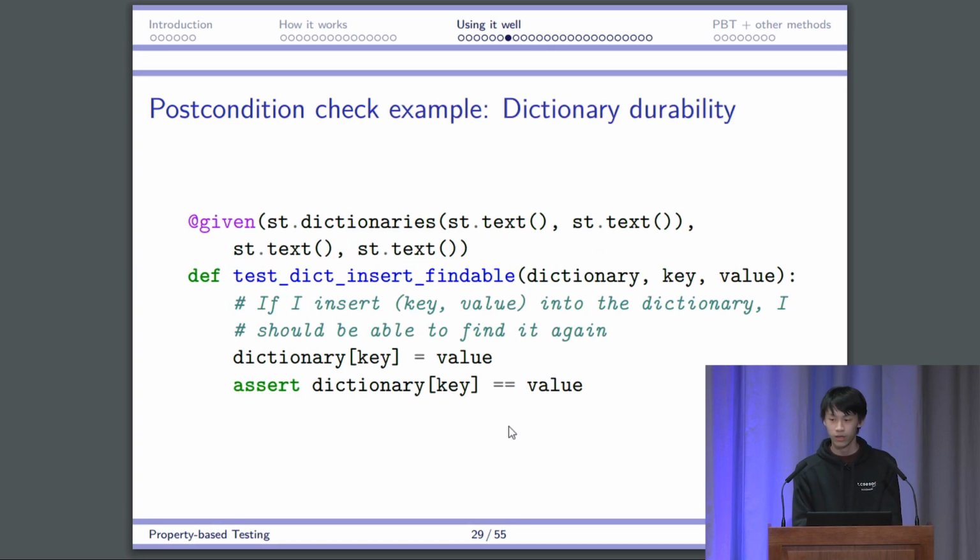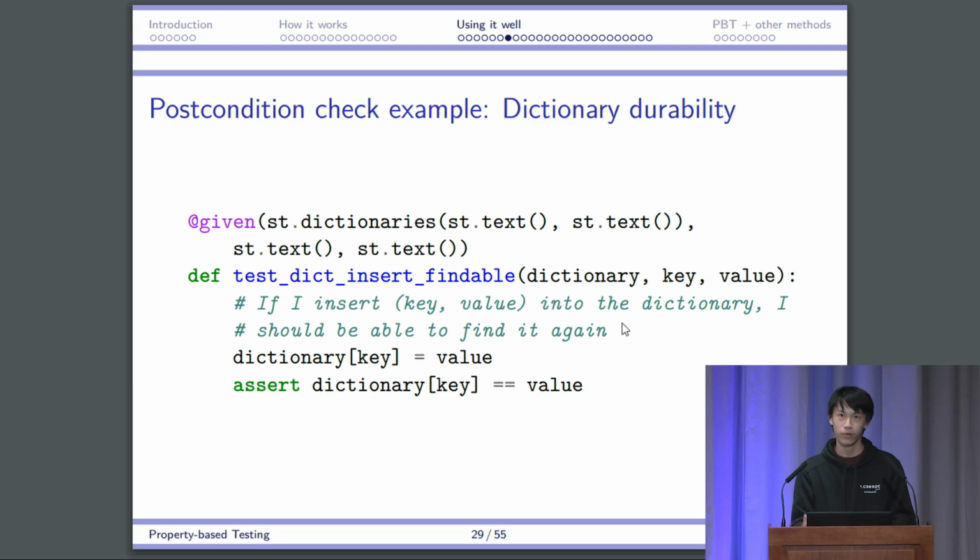This is a postcondition check, which checks that after I store a key value pair into a dictionary, I am able to find it again. That is a desired property in our dictionary, in that if we immediately store a key value pair into it, we should be able to look it up again under the same key.